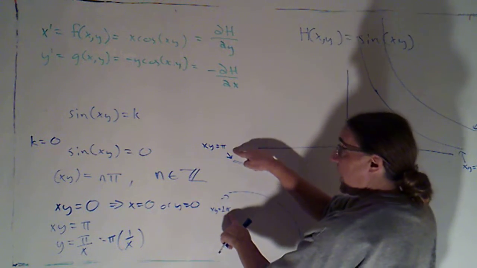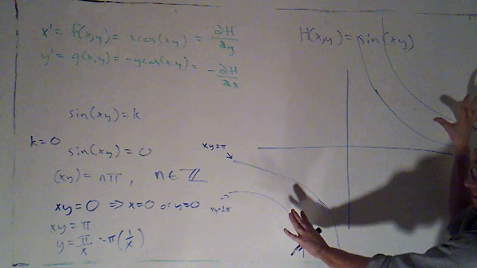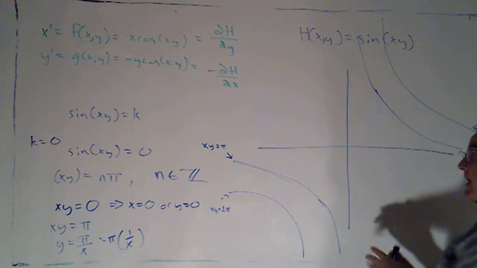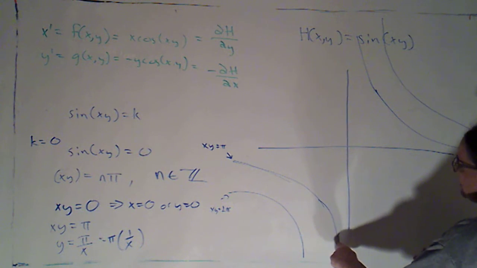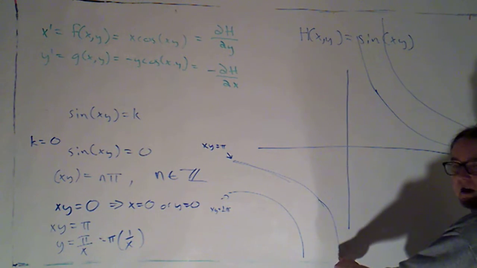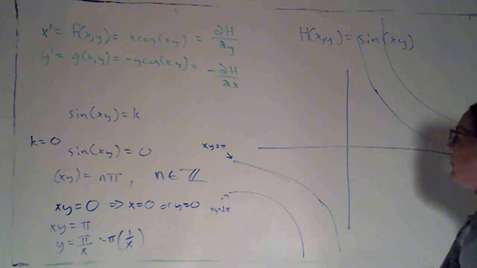Now, pi and 2 pi are not the values of k. K for all of these curves is just 0. So if I'm on this curve, and I move along this curve, and I say, what's the value of H? It's always going to be 0 here. I'm just recording the value of xy that gets me there because that's going to help me out a little bit later.